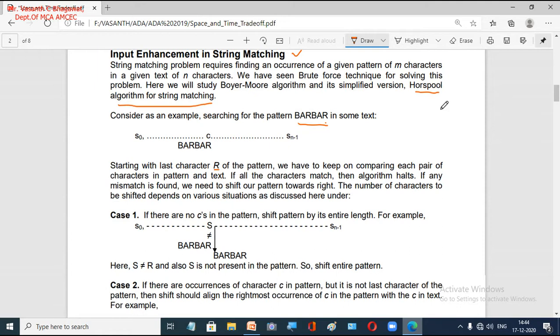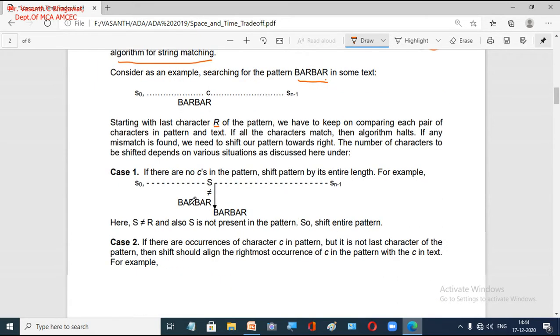In order to understand Horspool's algorithm, let us work it out with an example. There are various cases that come up. The first case: there is no C in the pattern. Let us say you are at this position, and you compare R, the last character of your pattern, with some in-between character of your text.